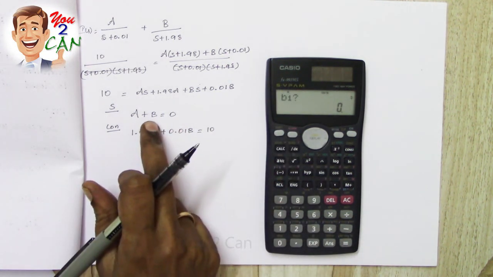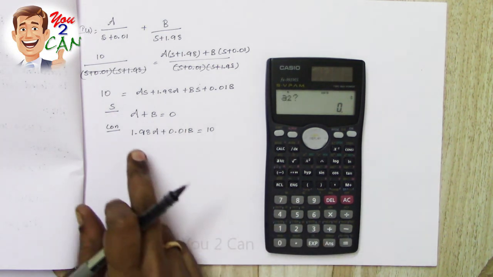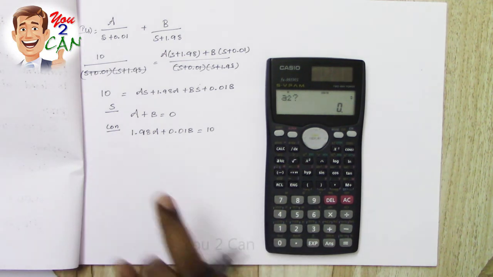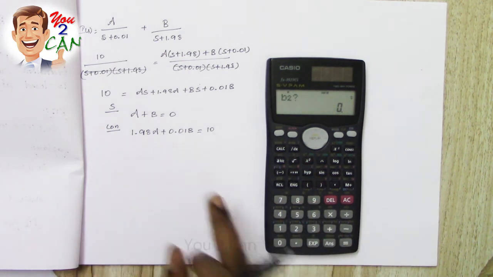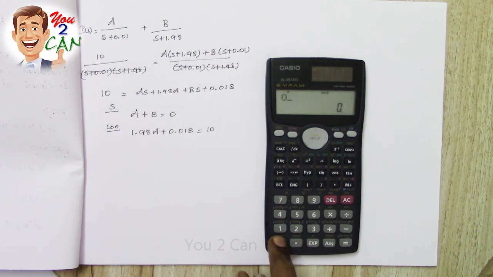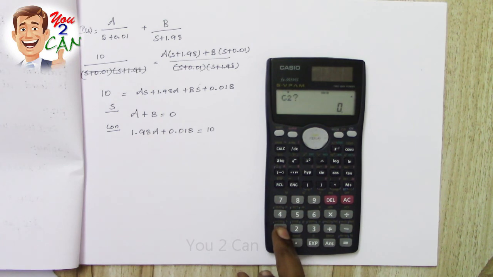And b1 is the coefficient of b in the first equation, and c1 is the constant here, that is 0. Then a2 is the coefficient of a in the second equation, 1.98. And b2 is the coefficient of b in the second equation, 0.01. c2 is the constant coefficient of the second equation, that is 10.